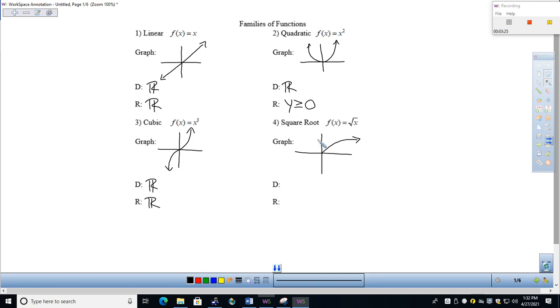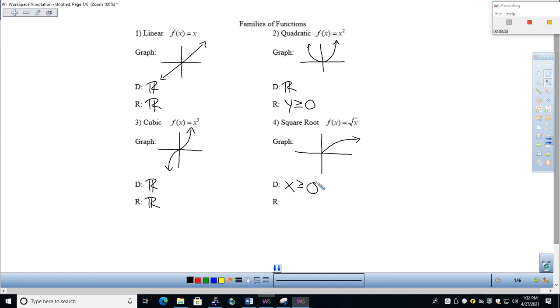So there is no graph to the left of this particular x value of 0. So it seems like I'm getting an x value of 0, and then obviously the graph is represented there and to the right of it. So we would say x is greater than or equal to 0 for the domain.